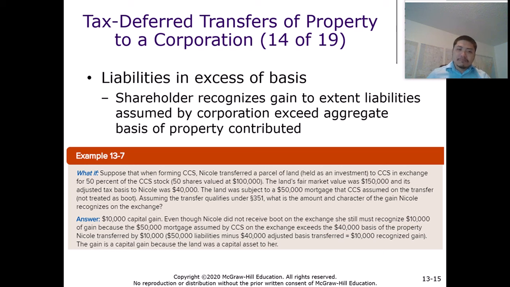And even though this is treated as a pure Section 351 transaction, with no tax avoidance, no personal purpose involved, because the mortgage is $50,000, which is $10,000 more than the basis that Nico has in the land, Nicole has to recognize a $10,000 gain, which is the amount that exceeds her $40,000 basis, right?